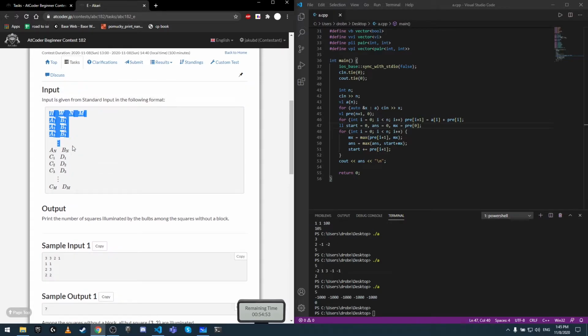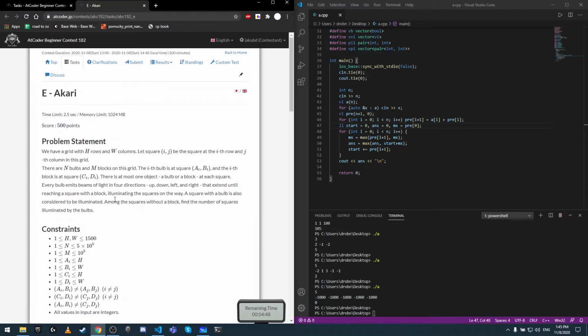So there are n lines of this, n lines of this. So there is 10 to 5 of these. So that I think signifies binary search, right?